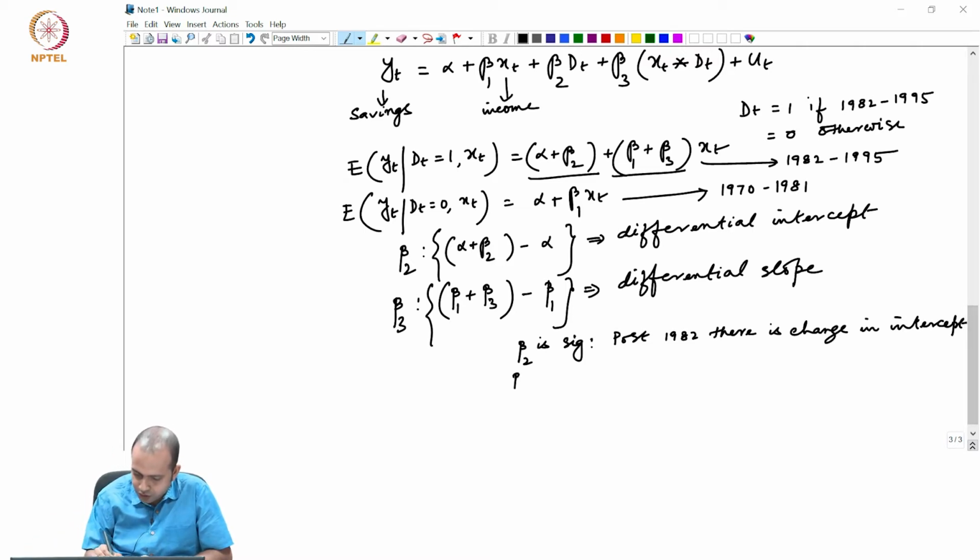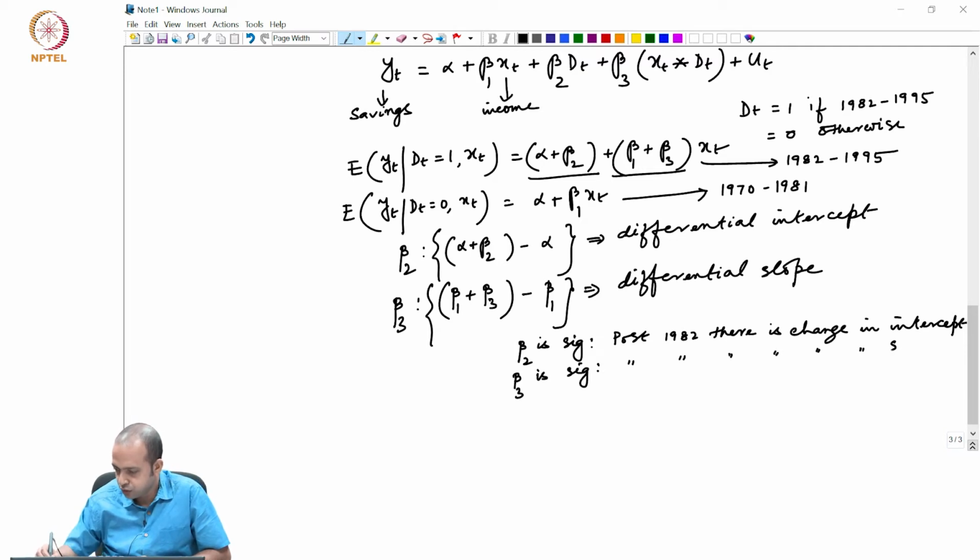When beta 3 is significant, we will say that post 1982 there is change in slope.